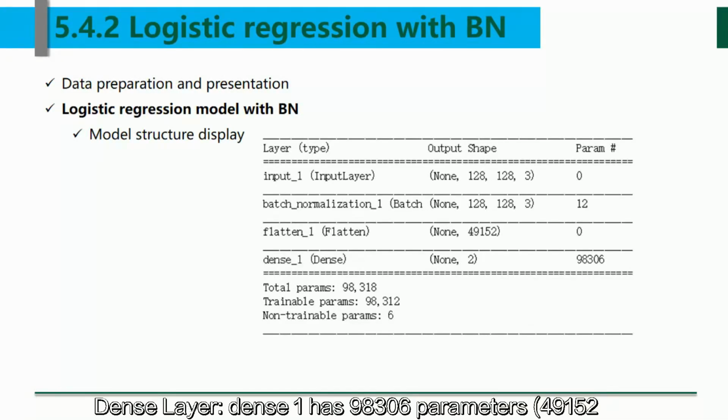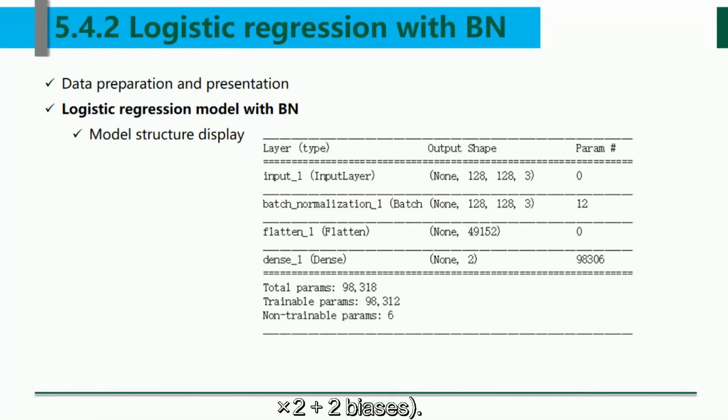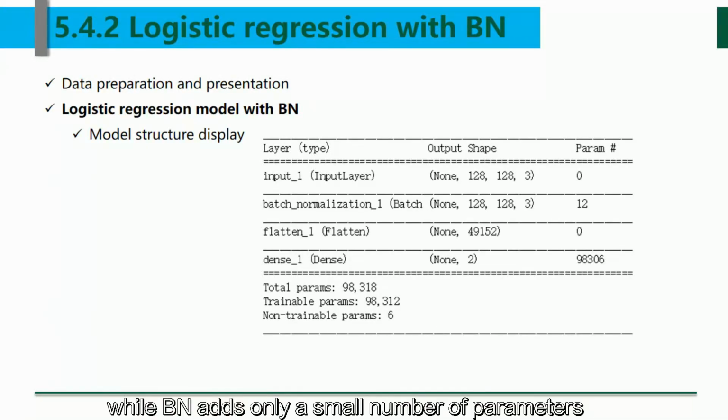Dense layer: dense_1 has 98,306 parameters, 49,152 multiplied by 2, plus 2 biases. Total params are 98,318. Most come from the fully connected layer, while BN adds only a small number of parameters.